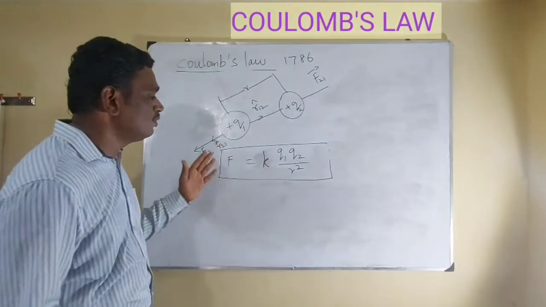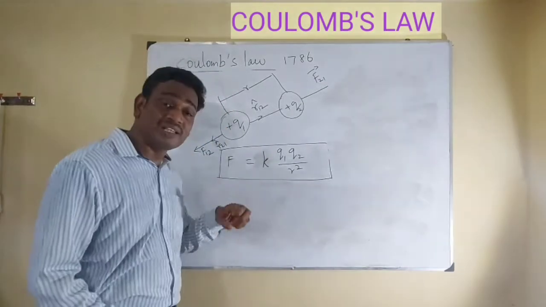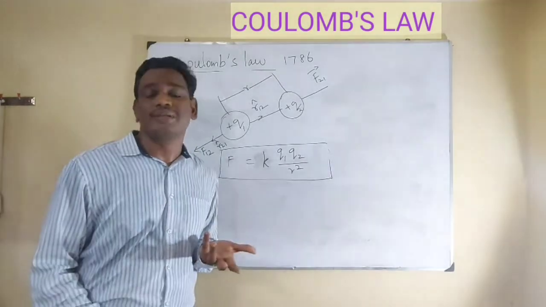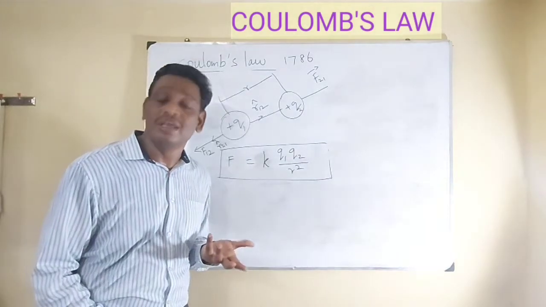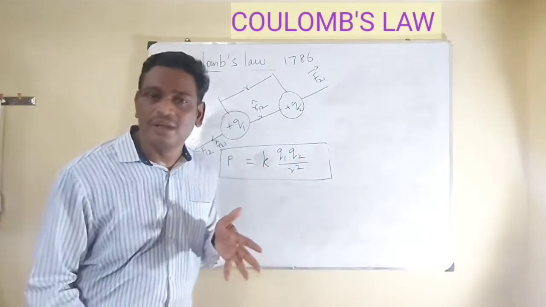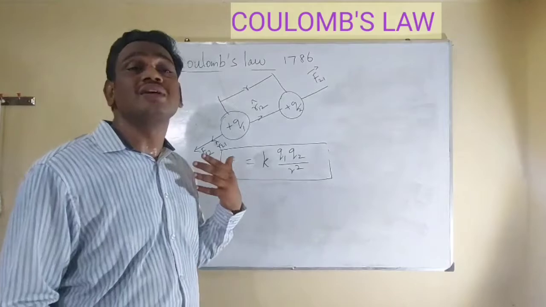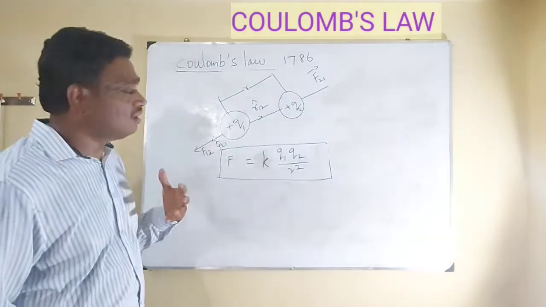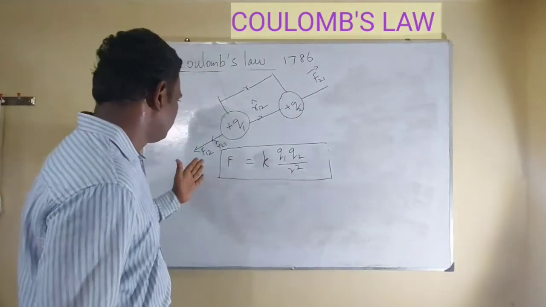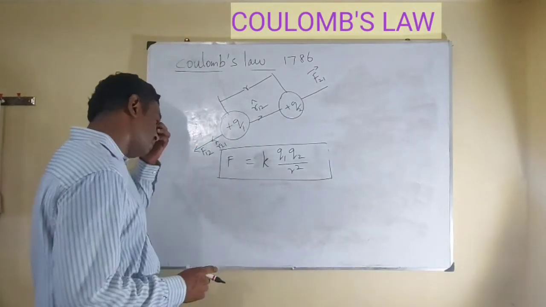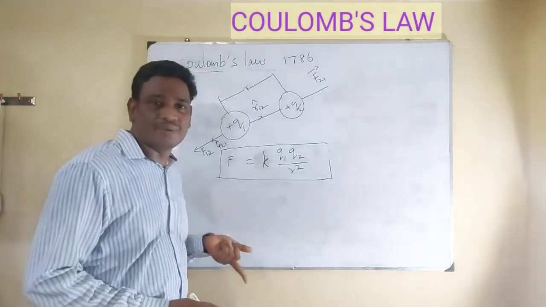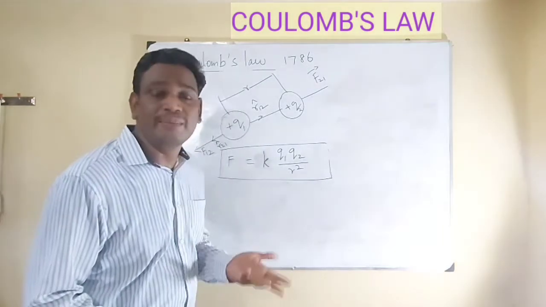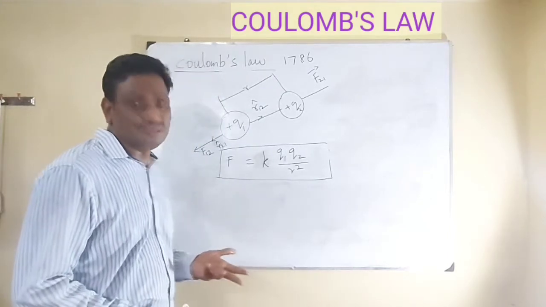But in the case of Coulomb force, if the charged particle moves, then another force comes into play along with the Coulomb force. That force is called Lorentz force. So it depends on the motion of the charged particles. But gravitational force is independent of the motion of the objects.